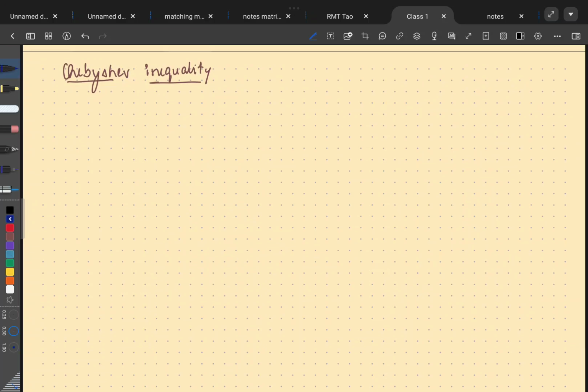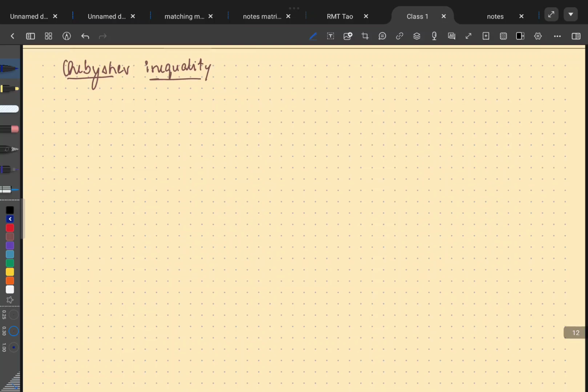Okay, so now that we have a result for non-negative random variables, let's also try to derive something for arbitrary random variables. Let's suppose that X is a random variable with finite mean and variance. It's the only requirement I have.